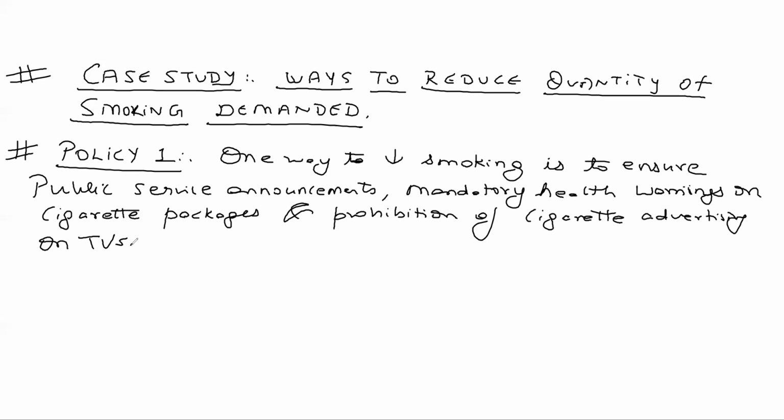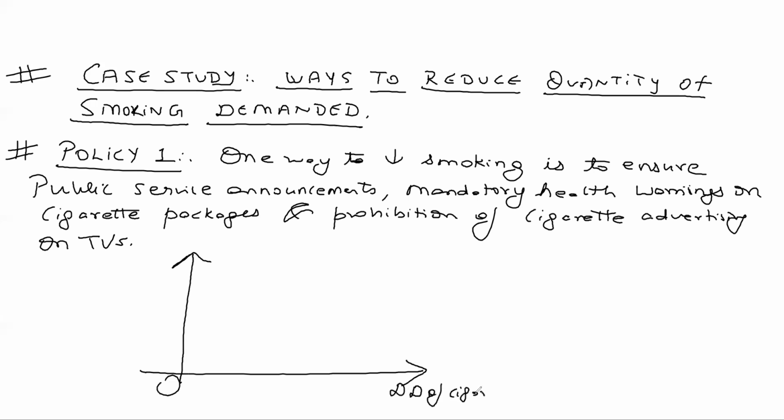But because of the awareness which is being created among the public through advertisements, through mandatory health warnings, through public announcements, what will happen? The demand curve of cigarettes itself is going to shift. So this is the demand of cigarettes on the horizontal axis. This is the price on the vertical axis.